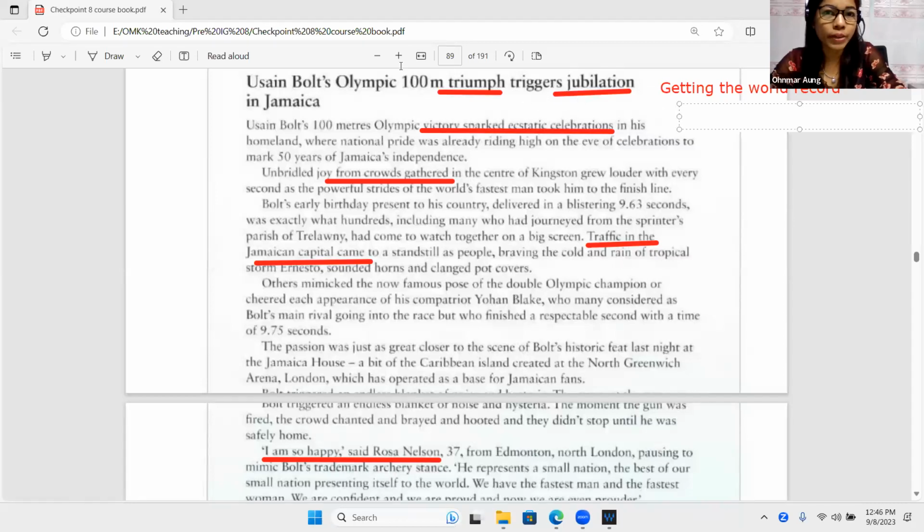Because the title is the most important part, right? So here you could see his victory triggers jubilation in Jamaica.